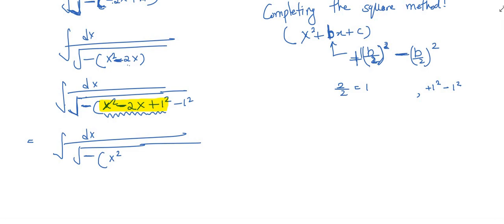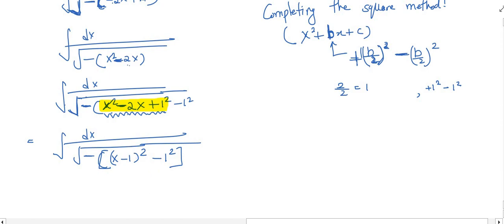Don't you feel it looks like the square of something, a square plus b square minus 2ab? Yes, it looks exactly like a square plus b square minus 2ab, right? It looks like x minus 1 whole square, yes, and this is minus 1 square. That's it.